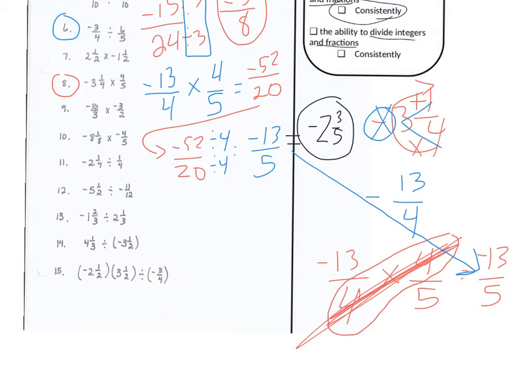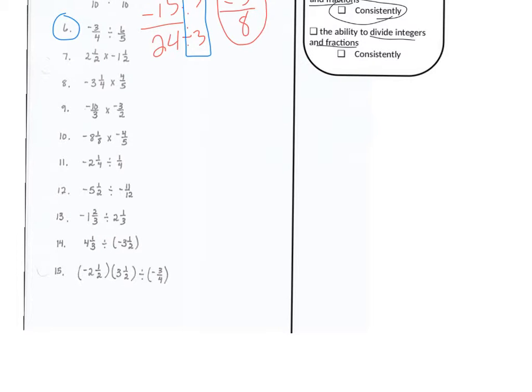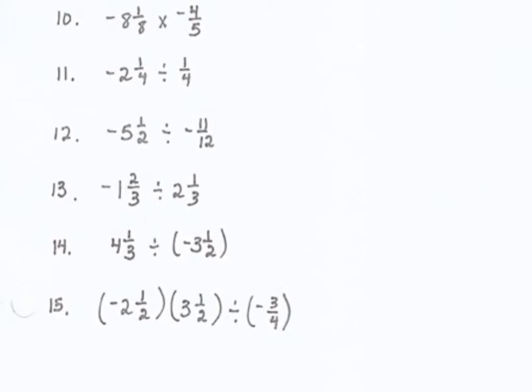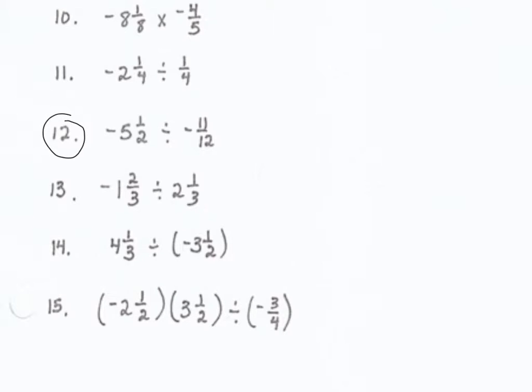And then let's do a division question like that, and we should be good. Okay, now let's do number 12. It looks a little bit more challenging. Okay, let's convert both of those. So we have times plus, so we get negative 11 over 2 divided by negative 11 over 12.